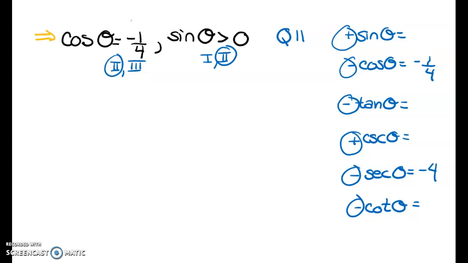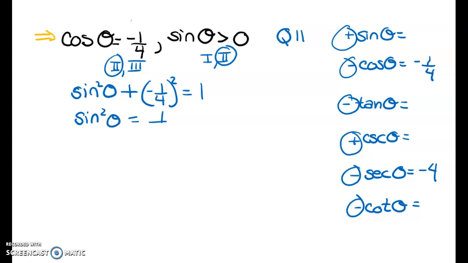All right, so I was given cosine, so I'm just going to go and find sine using the Pythagorean identity. Sine squared plus cosine squared equals 1. So I will get sine squared plus 1/16 equals 1.